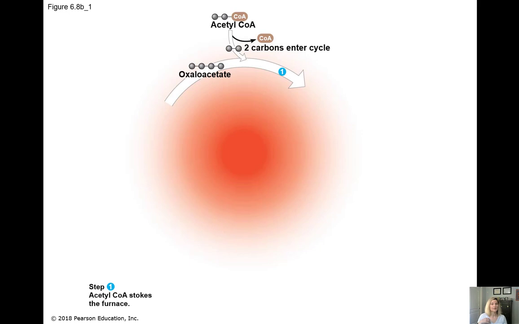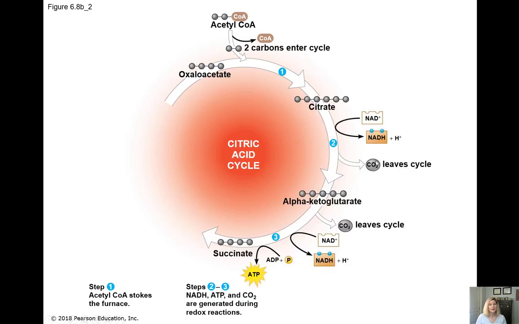Okay, so here's the complicated part, only for those that are really interested in learning it. I've never memorized, well, I probably did at one point, but it's got to be 20 years since the last time I memorized all the different parts of it. So you certainly don't need to either. But just watch what's happening with the carbons, okay? So here we have our acetyl-CoA, so there's the 2 carbons. Remember, the CoA gets recycled. We have our 2 carbons enter the cycle. And they're going to attach to this 4-carbon chain. Don't even need to memorize that. Okay, so now we have a 6-carbon chain.